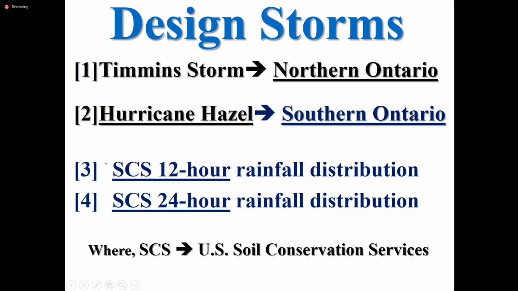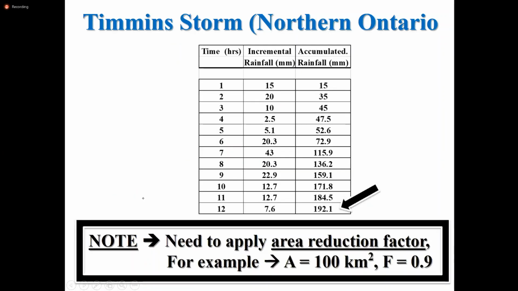Then the Soil Conservation Service in the United States has provided a variety of storms, like the 12-hour storm and 24-hour storm, a standard SCS method. First, let's pay attention to the Timmins storm.